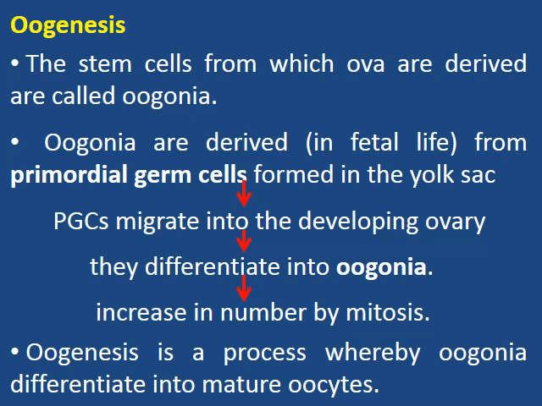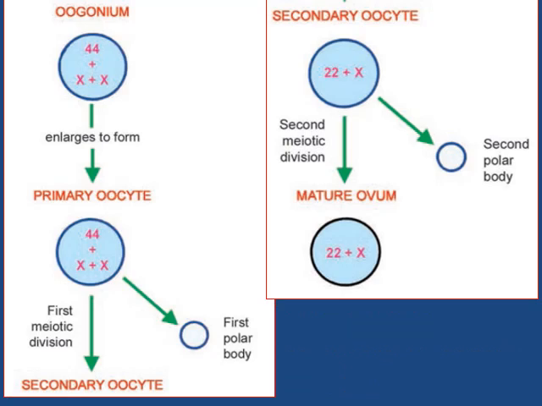Oogenesis is a process whereby oogonia differentiate into mature oocytes. So oogonium first enlarges to form primary oocyte, then first meiotic division occurs, then secondary oocyte forms, and secondary oocyte then undergoes second meiotic division, and then mature ovum forms.